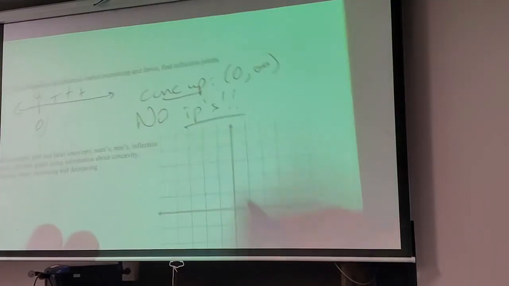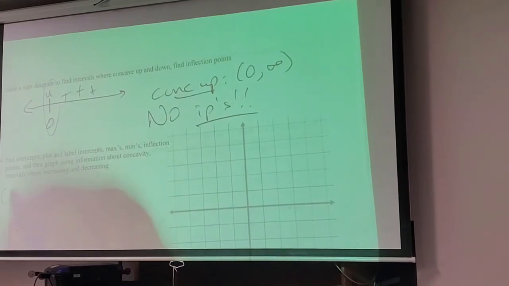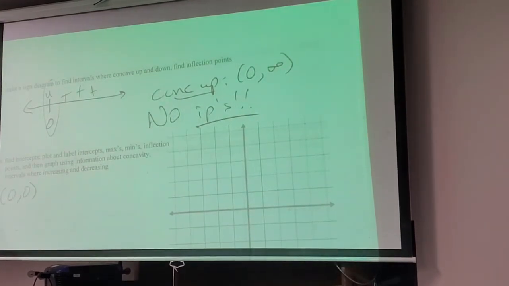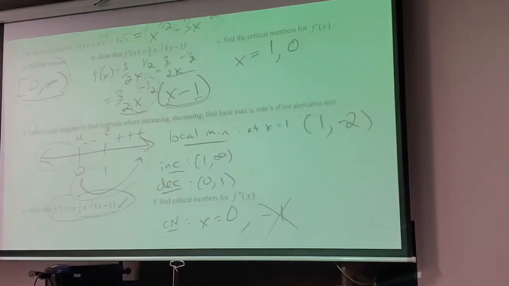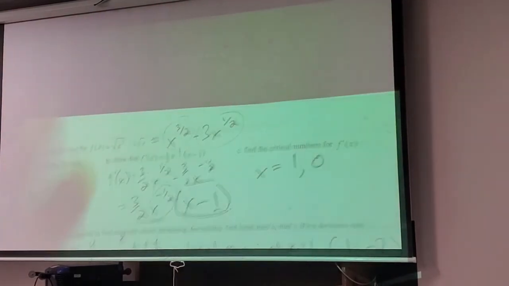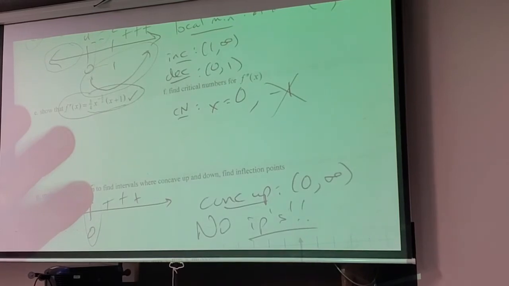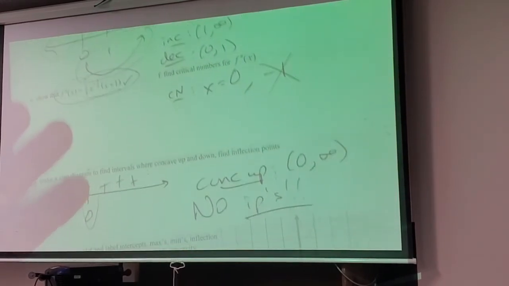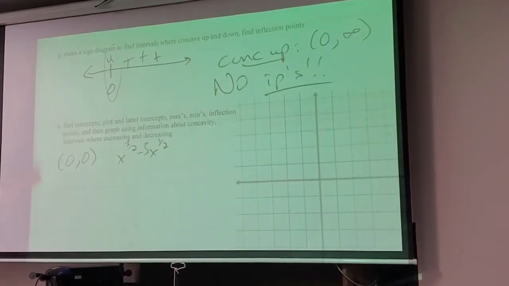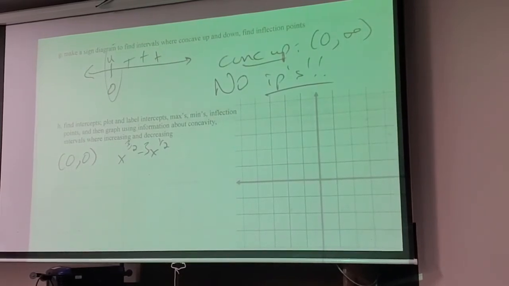So (0, 0) is an intercept. Are there any other intercepts? How would you find them? How do you find intercepts in general? Don't you factor? Yes? How do you factor this?